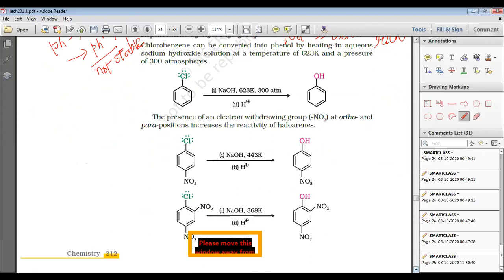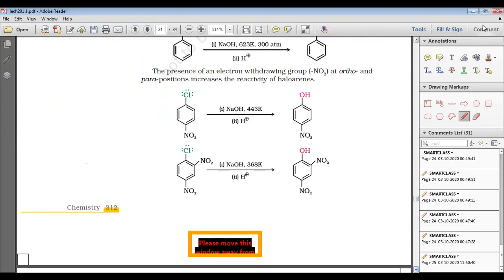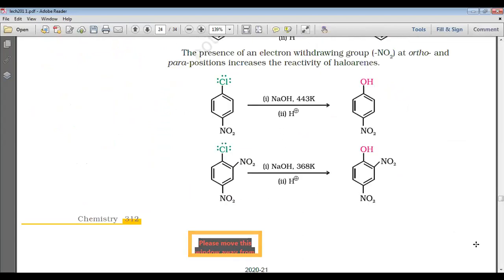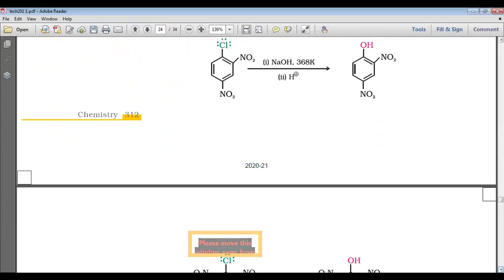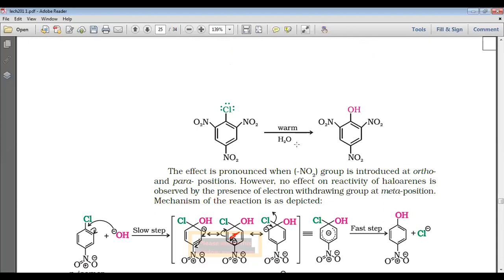When we add 2 nitro groups, it becomes even easier, because 2 nitro groups on ortho and para position make it work at a lower temperature. But when we put 3 nitro groups, the reaction can be done only by warming it with water. But you can see that these nitro groups are present only on ortho or para position.